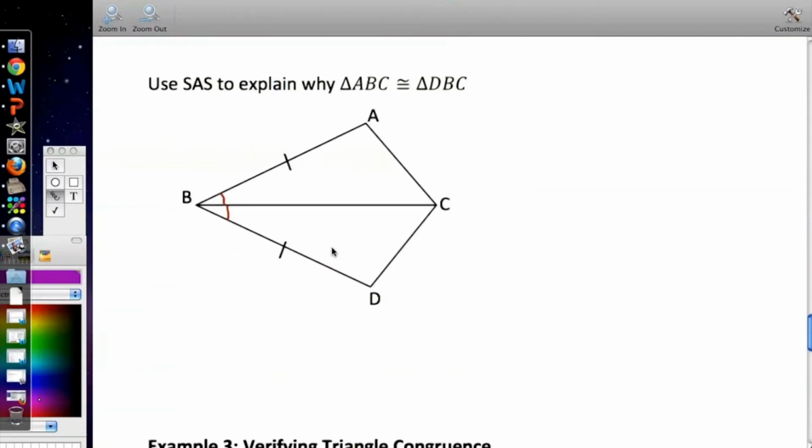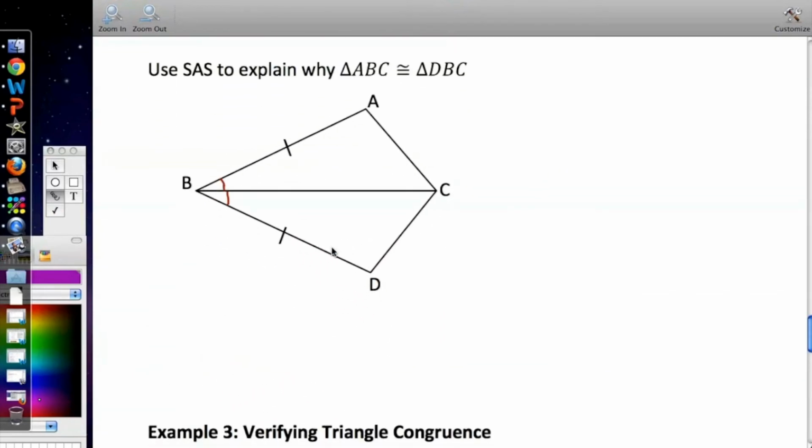We're going to do one more example. You can try this one on your own. I'm going to roll right through it. Okay? I could say AB is congruent to BD because it's given. I can also say that angle ABC is congruent to angle DBC, and that's given. It's marked in the diagram. Side, angle, and I need to say something about this side.